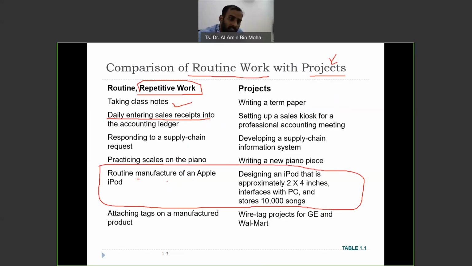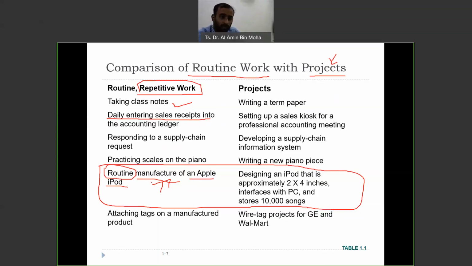Although they are manufacturing an Apple iPod, it's in production, running every day. Every day they are running to manufacture or assemble this Apple iPod. So this is not a project. But when this was first to be done, that's a project.